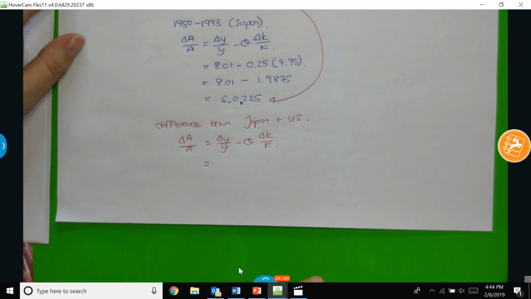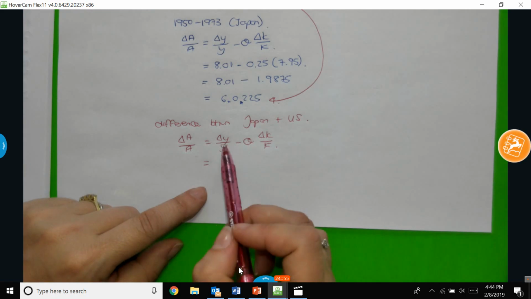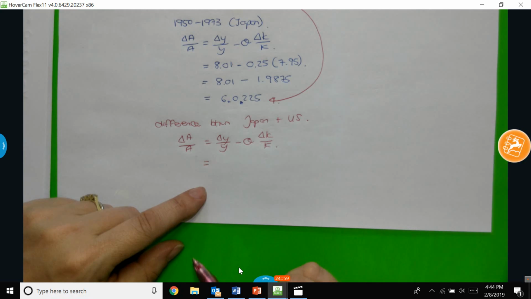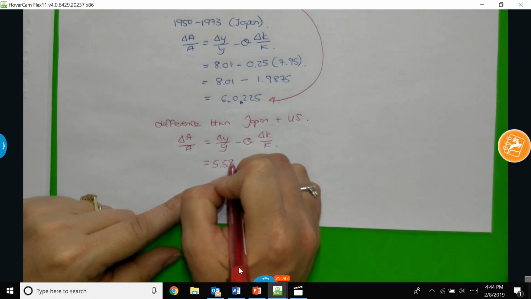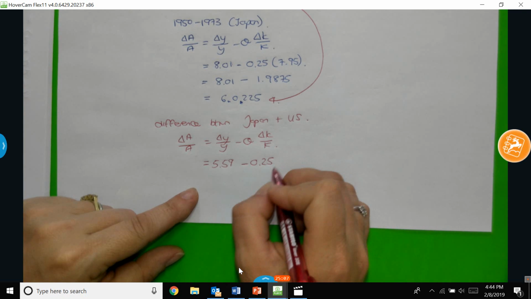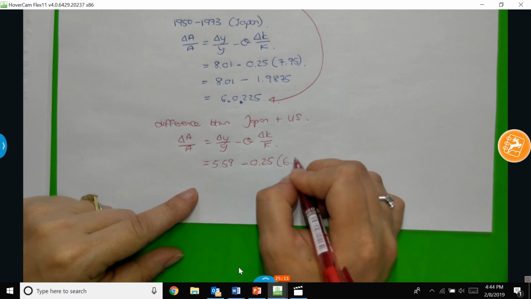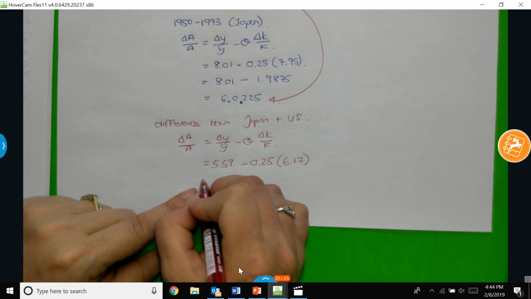And again, I'm working with the 1950 to 1973 period. The difference in output per person between Japan and the US was 5.59. That's from the table. Okay. 0.25 is the value we're assuming for theta, and the difference in capital stock per person was 6.17.